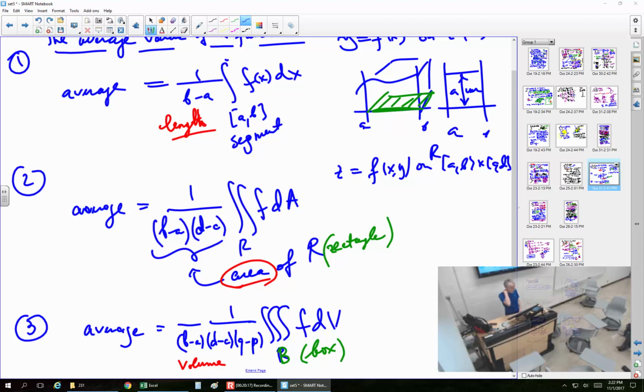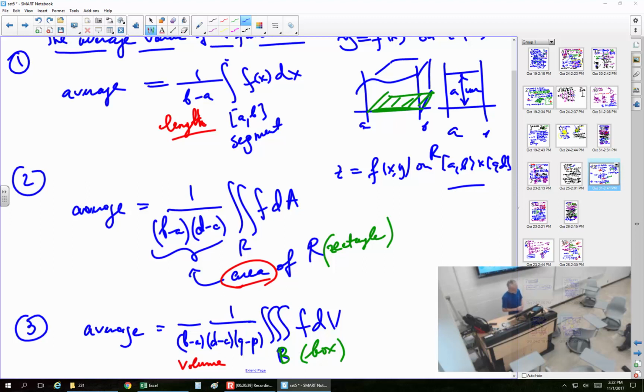Now the average value of a function of two variables over a rectangle is the double integral of f over that region divided by the area of that plane region, plane rectangle.